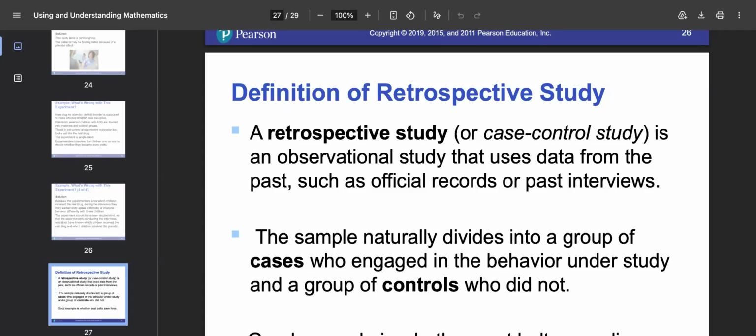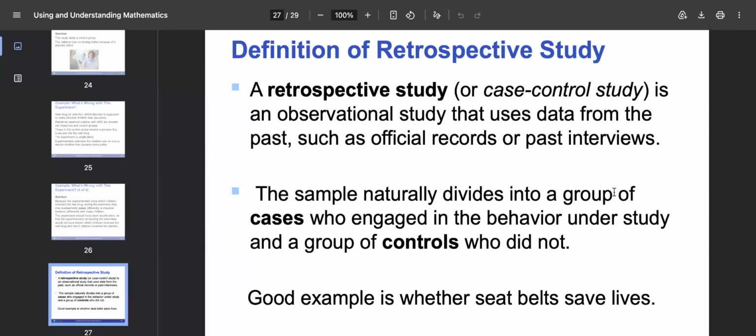So, for instance, this is just popping in my head, the number of fatalities of people who are not wearing a seatbelt. If I went to a national reporting tool, I could probably find that information. I could probably find the number of accidents and the survival rates of people wearing seatbelts versus the numbers of them not. That would be retrospective. I'm looking at information that already exists.